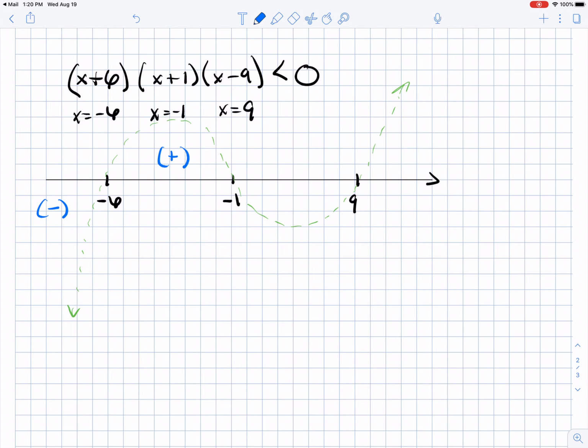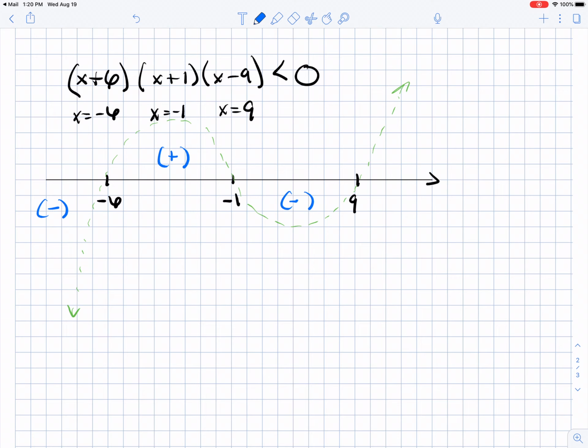Between negative 1 and 9, I'm going to choose 0 because it's the easiest number to choose. This is positive, positive, and negative, so the product is negative.